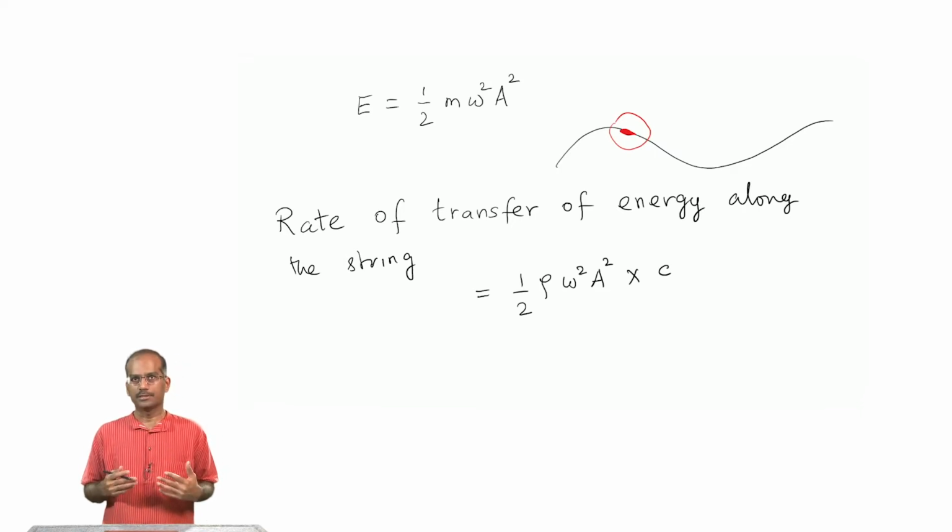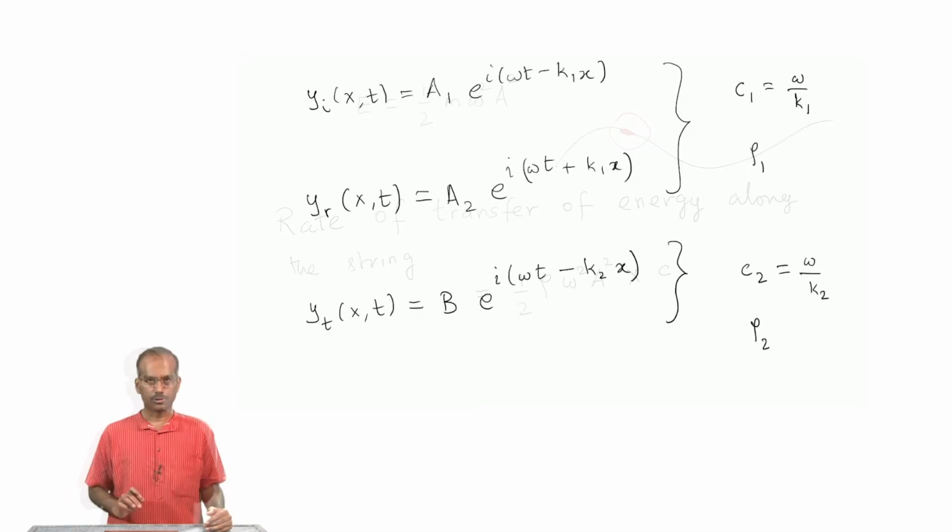So, remember that this is for a wave that is propagating along the string. The first question that I would like to know is how much energy is, let us say, coming to the point x equal to 0, which is the interface between medium 1 and medium 2.